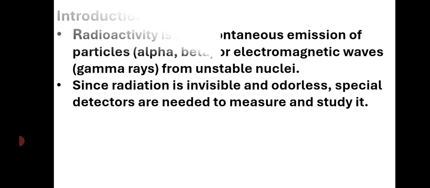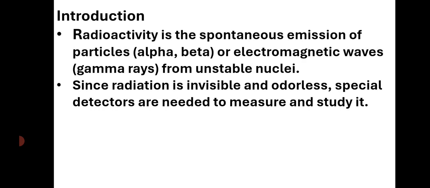All right. So a little bit of introduction, which might be vital to the understanding of this topic and lesson. Radioactivity we defined before. Radioactivity is the spontaneous emission of particles, alpha or beta, or electromagnetic waves such as gamma rays from unstable nuclei.